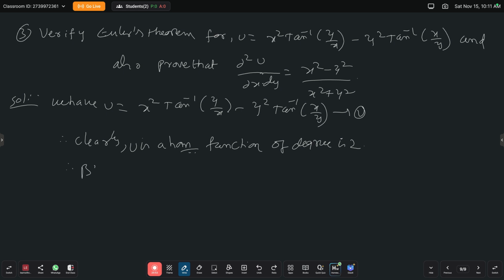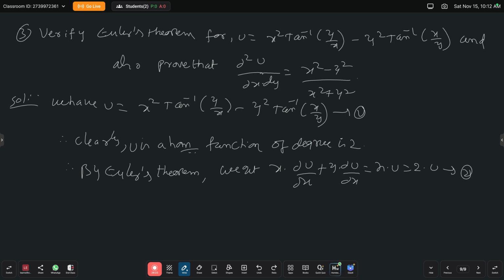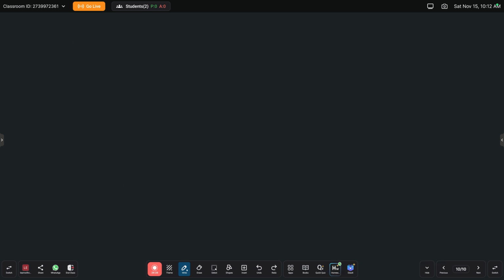Therefore, by Euler's theorem, x into dou u by dou x plus y into dou u by dou y is equal to n into u, where n is the degree 2. Therefore 2 into u, that is equation 2. Then afterwards we can do the verification. Now verification.